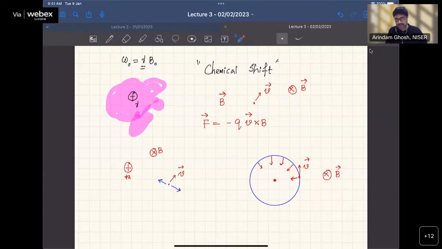Now imagine that an electron is moving in this particular direction. If it is moving in this direction, then there is a current I, that is the current. As this electron is moving in this direction because of the V and the Lorentz force, the current is going down.